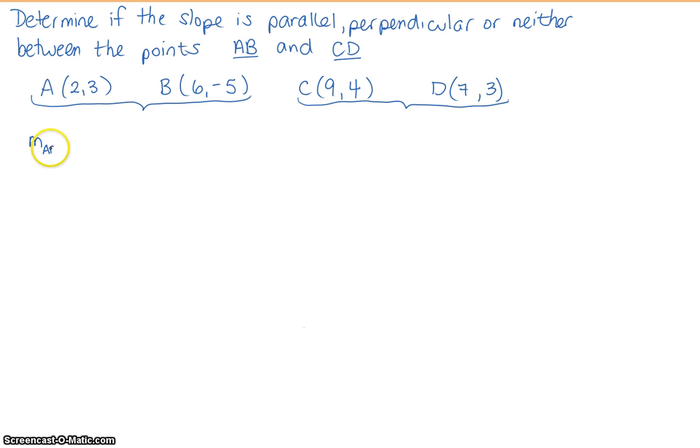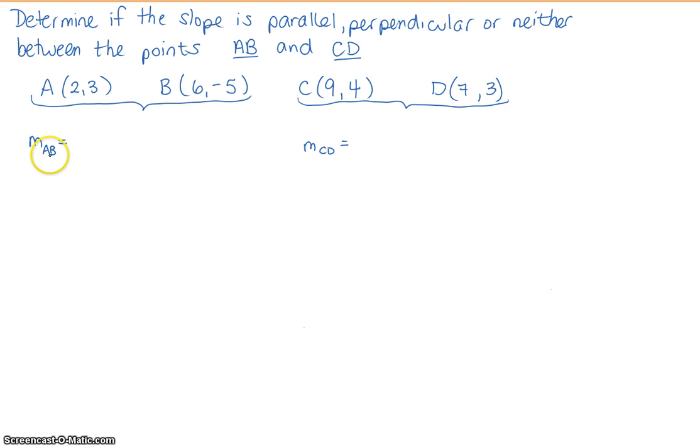Now, before I use M1 and M2, I'm actually going to do M with a subscript AB, so I know it's for the line segment AB, and M CD, so I know it's the slope between C and D. Just makes it that much easier when you're following your work. When we get into harder questions, it's very important that things are labeled appropriately so you can find things quickly and easily, and you remember what you're actually solving for.